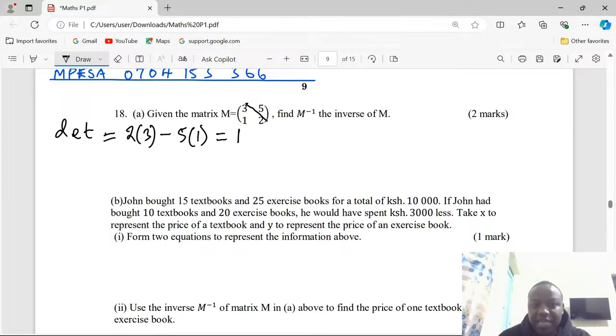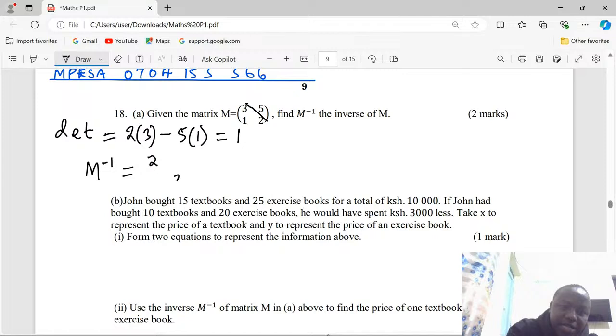So if the determinant is 1, then we can now obtain the inverse of this matrix, whereby for us to get the inverse, we interchange the positions of the elements in the leading diagonal such that 2 takes this point and 3 comes down here. Then the elements in the other diagonal reverse their signs such that 5 becomes -5 and 1 becomes -1.